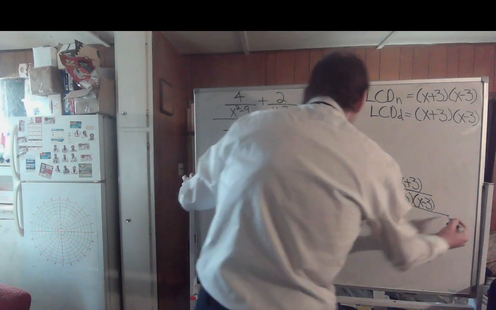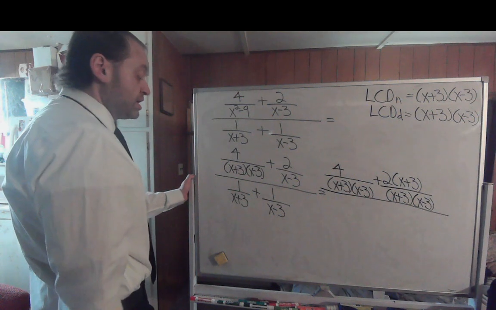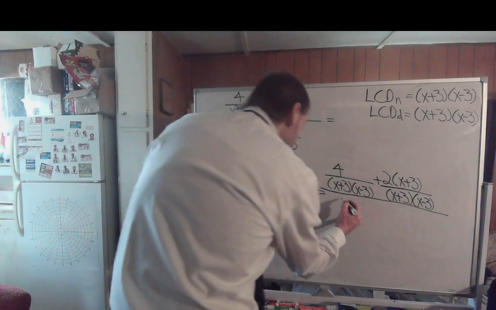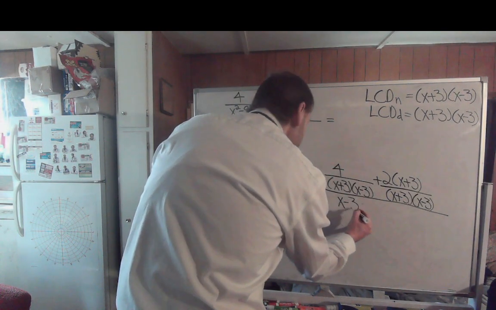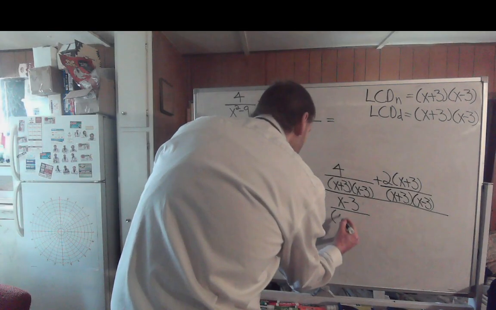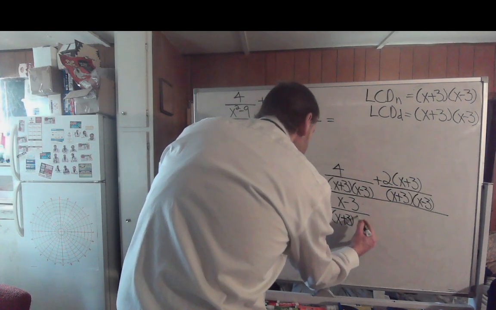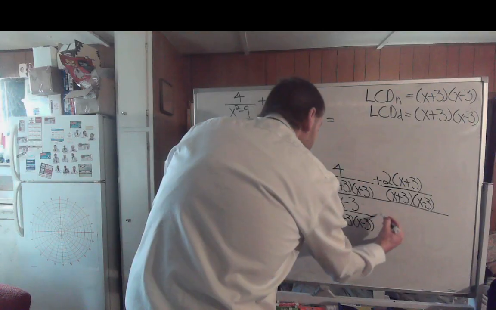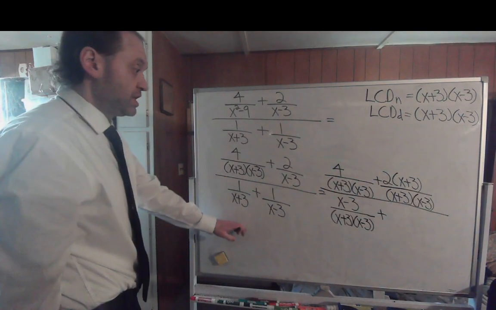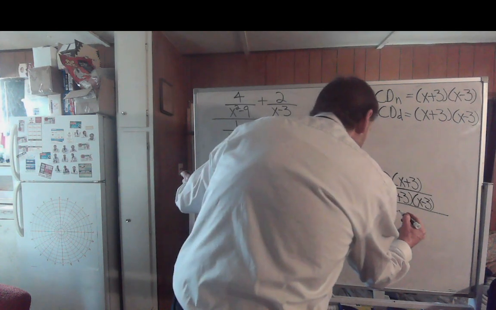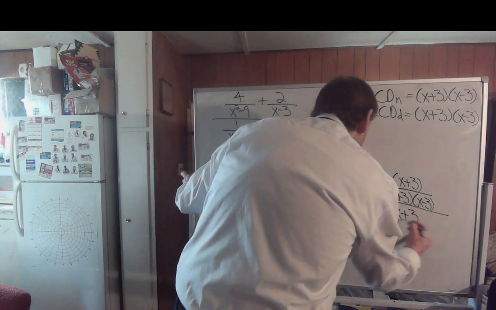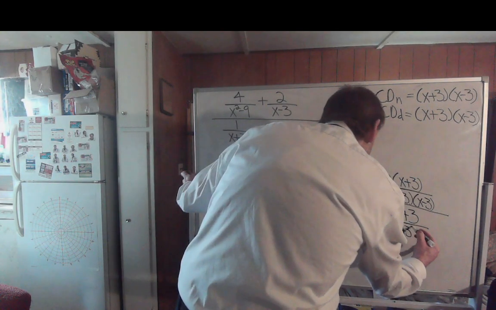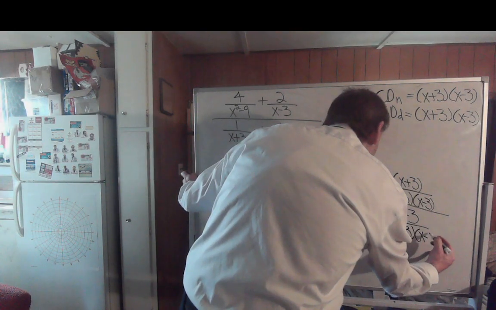Now let's deal with your denominator. You'll have to multiply the first term, numerator and denominator, by x minus 3. So it would be x minus 3 all over x plus 3 times x minus 3. Plus your second term, you'll have to multiply by x plus 3 for both numerator and denominator to get x plus 3 over x plus 3 times x minus 3.